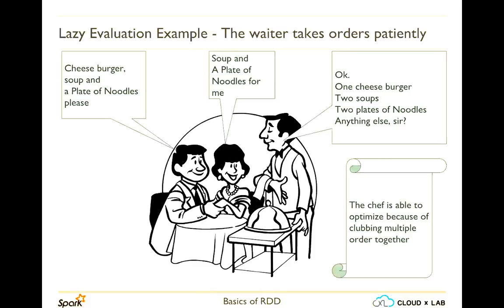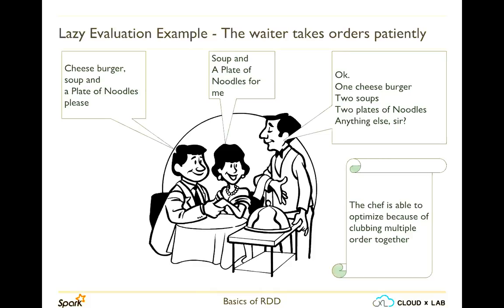Like for example, if we do two maps, then those two maps will be combined together, right? So similarly, the waiter has this ability here, because the waiter has taken all the orders in the notebook and is able to see that, okay, so soup can be combined together, and plate of noodles can be combined, and the burger is the extra one.